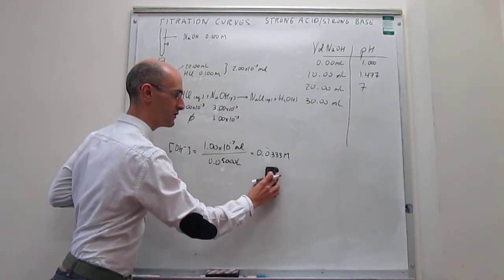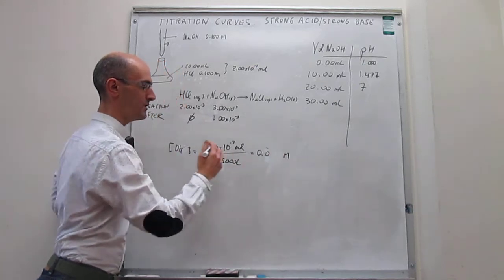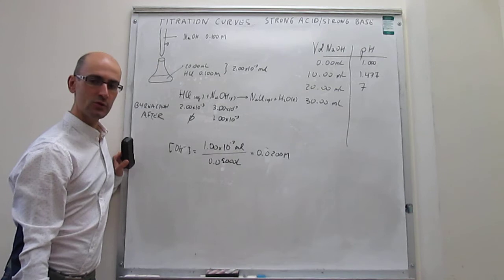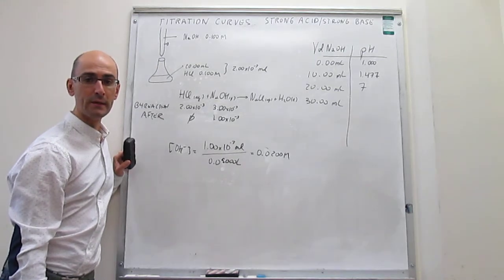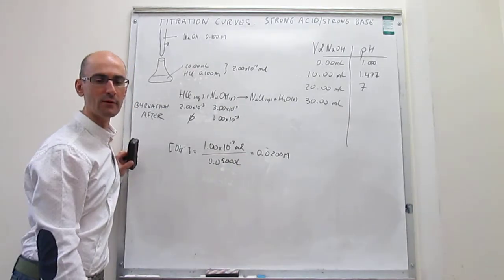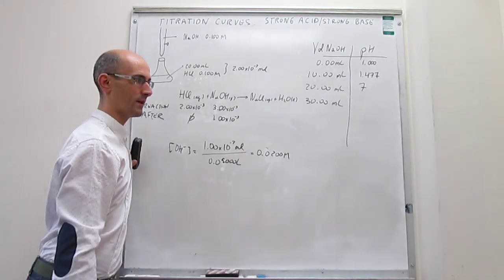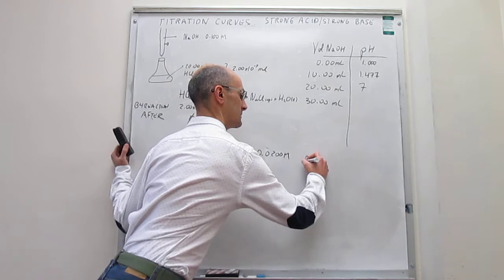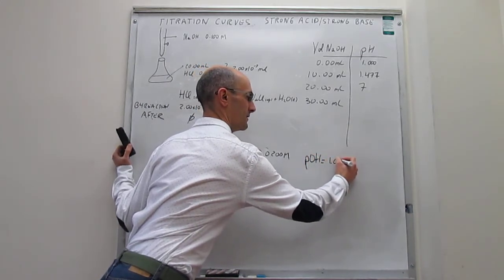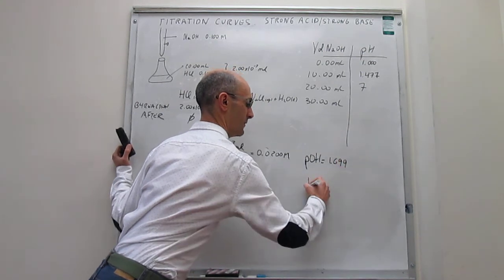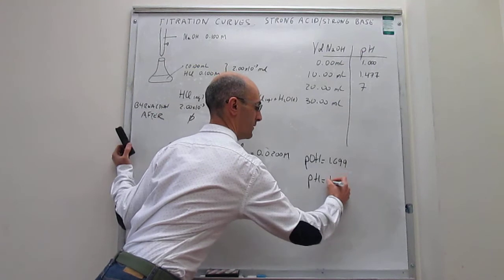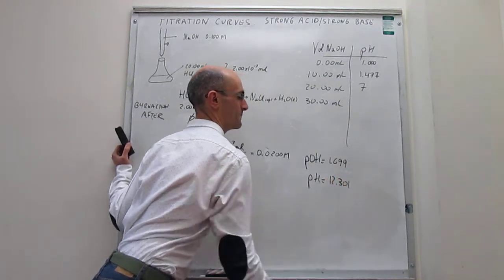With that, your concentration of OH, hydroxide, is 2×10^-2, and from here we can calculate the pOH. If we take the minus base-10 logarithm of that number, we get the pOH, which is 1.699, and from here you can calculate that the pH will be 14 minus that number, which is 12.301.